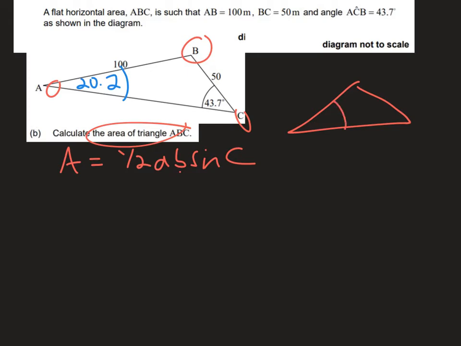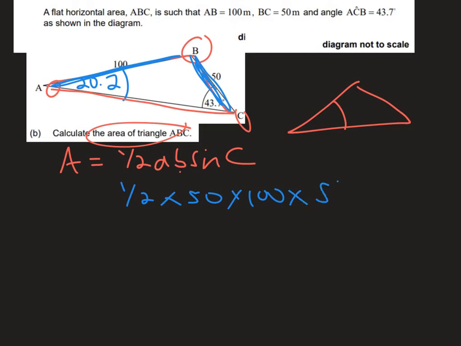You can see in this triangle ABC, the two sides we've got are this length here, which is 100, and this length here, which is 50. So when we talk about half ab, those are the two sides we have. So that's going to be half times 100 times 50, and it doesn't matter which way around, multiplied by the sine of the angle in between them.